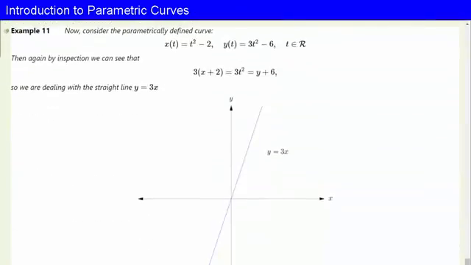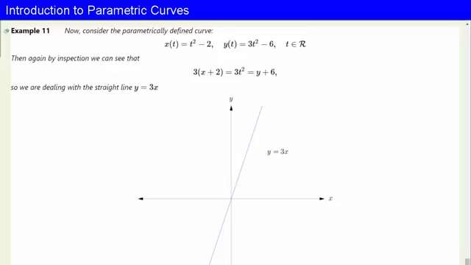Now consider the parametrically defined curve x of t equals t squared minus 2, y of t equals 3t squared minus 6. Then again, by inspection, you can see that 3 times x plus 2 is equal to 3t squared, and that's equal to y plus 6.